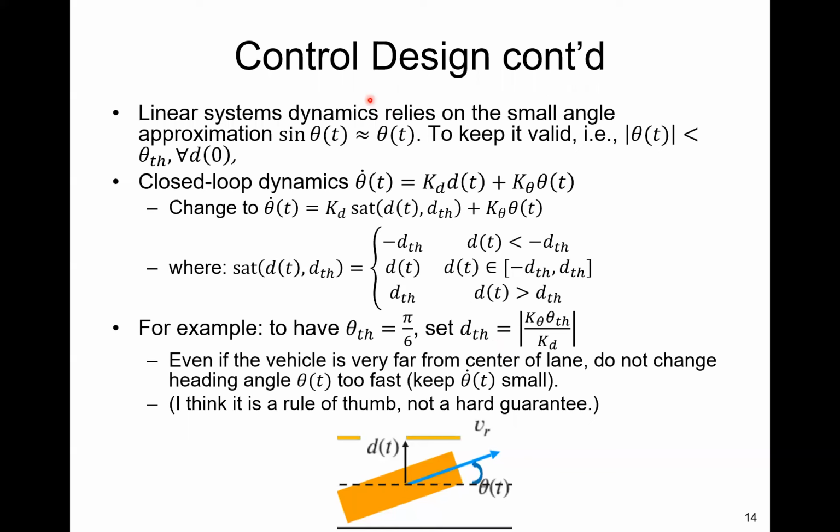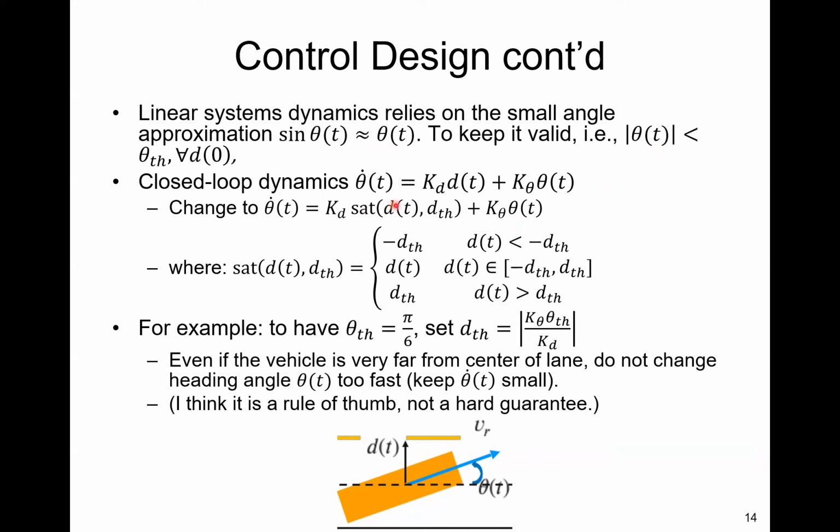The linear system dynamics relies on the small angle assumption, that is, sine theta is equal to theta. So you need to set a theta threshold so that this assumption is valid. To keep this assumption valid, you can use a clipping operation.